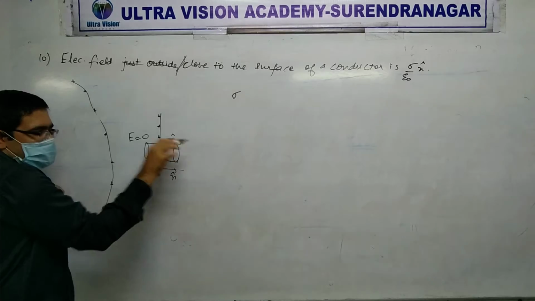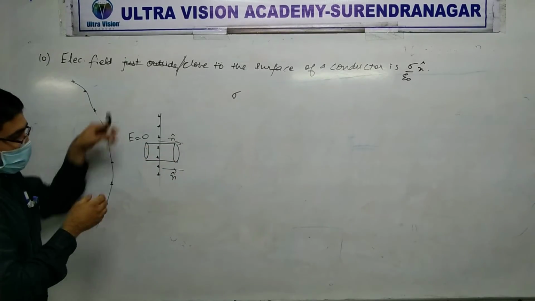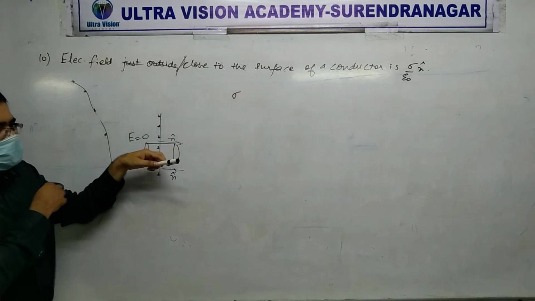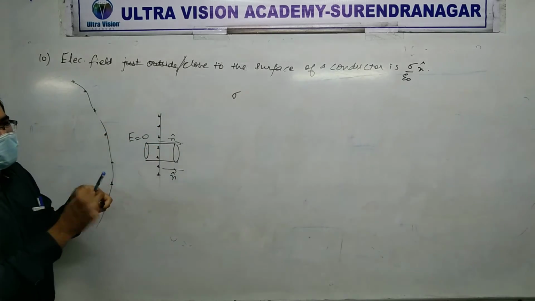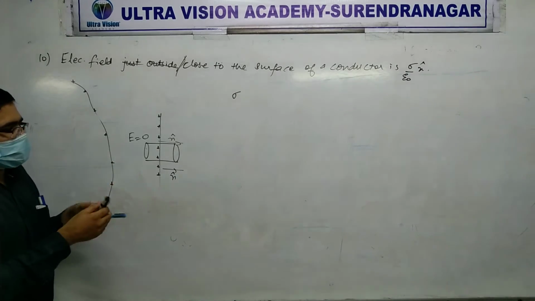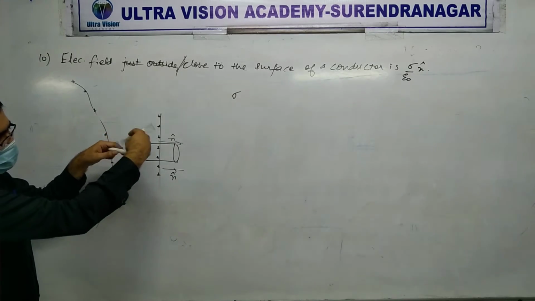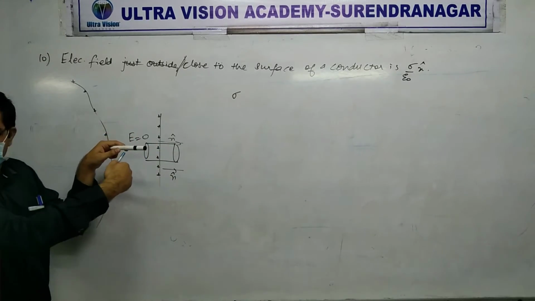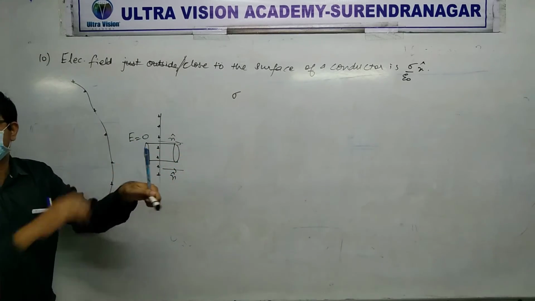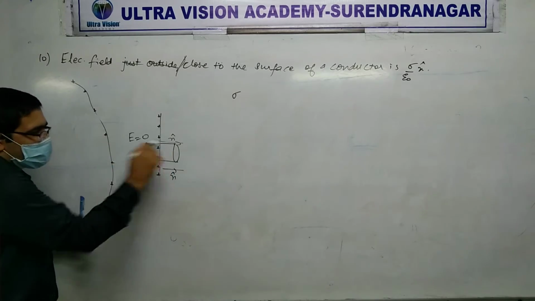The electric field near the conductor is normal to the surface, but the area vector of the curved surface will be like this. So the angle between electric field and the area vector will always be 90. So the flux for the curved surface is 0.